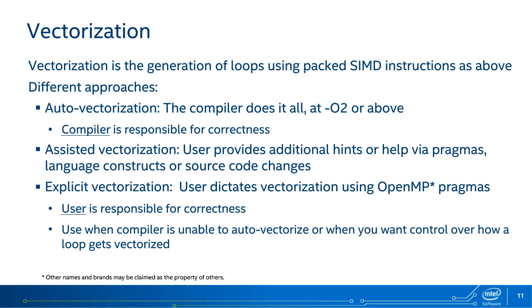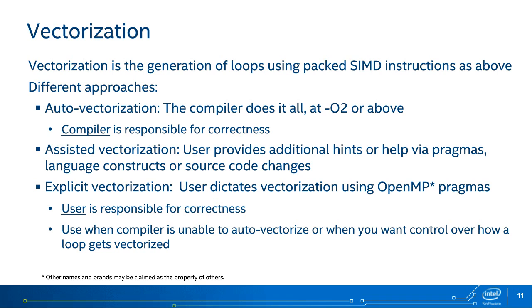Next, with assisted vectorization, we may pass some additional hints to the compiler to help vectorize the specific loop. Note that in this case, the compiler is still responsible for correctness. And next, final level of control over compiler vectorization is to use explicit vectorization model, which was introduced with OpenMP 4.0 pragmas.